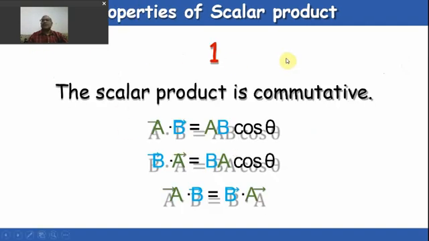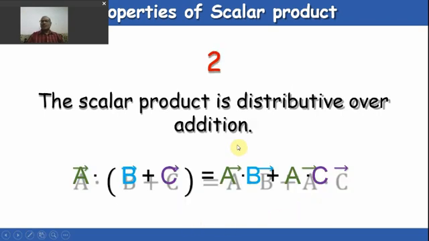Now the properties of the scalar product. The scalar product is commutative. A dot B is equal to AB cos theta, and in the same way we can write B dot A as BA cos theta. So A dot B is equal to B dot A. There is no change in the placement of the vectors. The scalar product is distributive over addition.